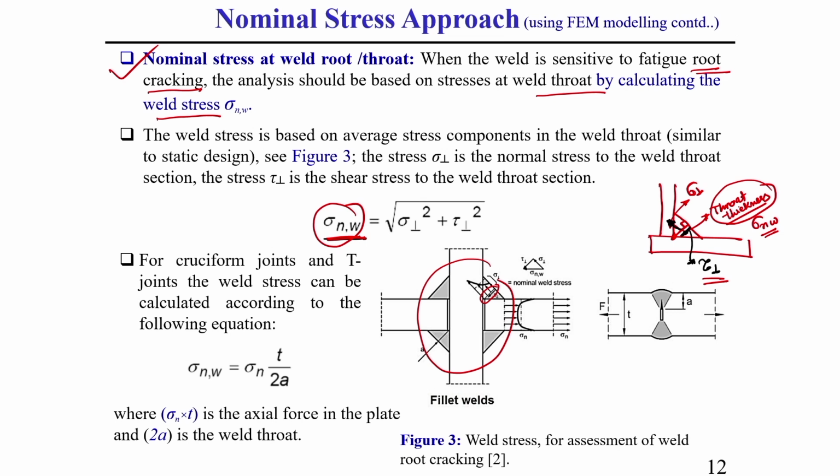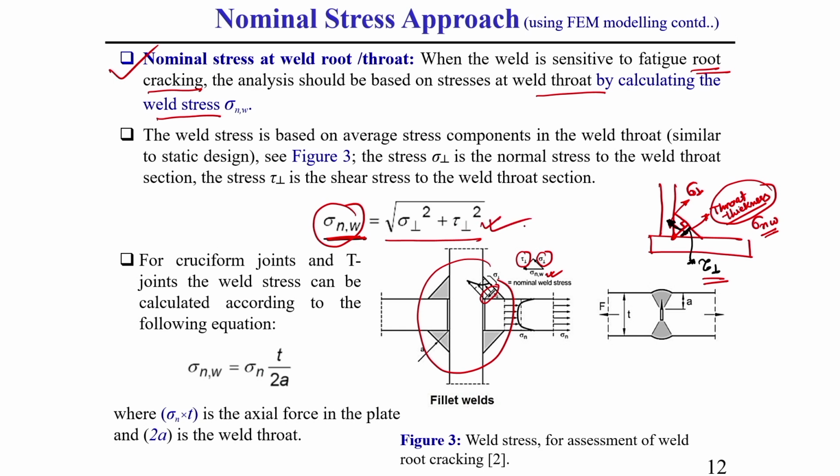These 2 components will have a resultant component. Here I have already shown, let this be our sigma inverted T and this is tau T. So, this resultant component we can easily find out, that is actually the square root of the normal component squared plus the shear component squared.